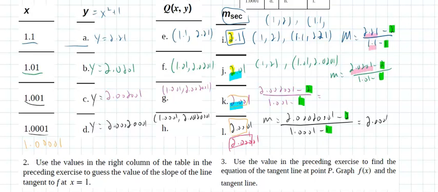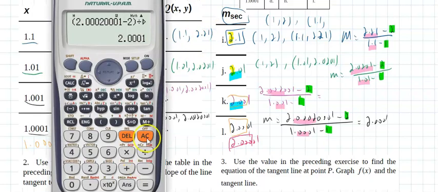This is changing every time. But since that's the same thing, I'm going to use a key on the calculator called answer. And this is what answer does, that key. Some calculators have it right there. Some calculators you have to hit shift, second, and it'll be right there on top of that. It's always right there.